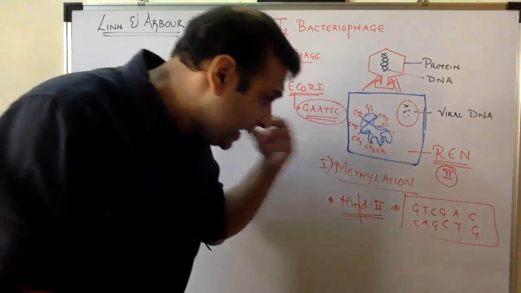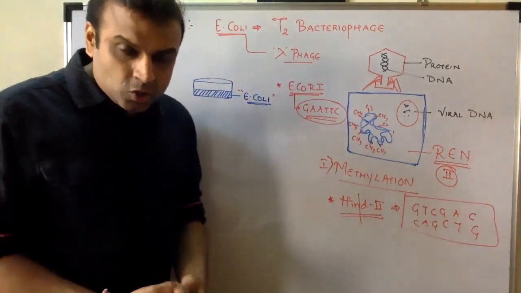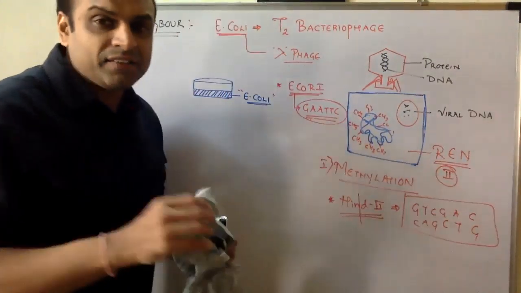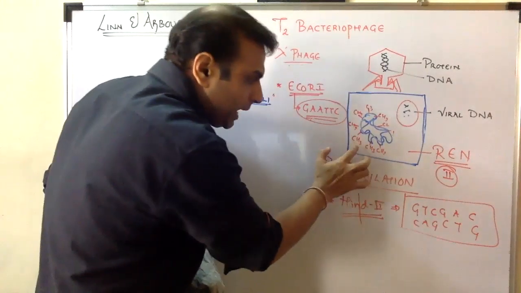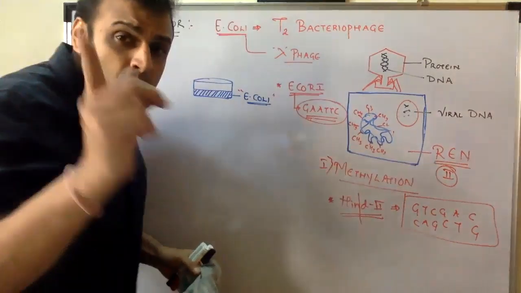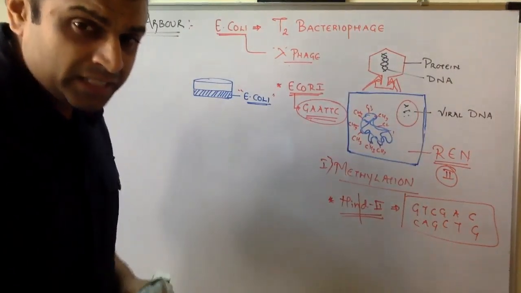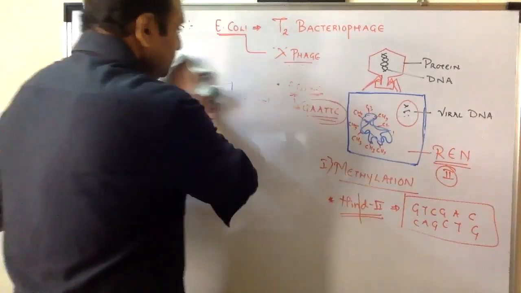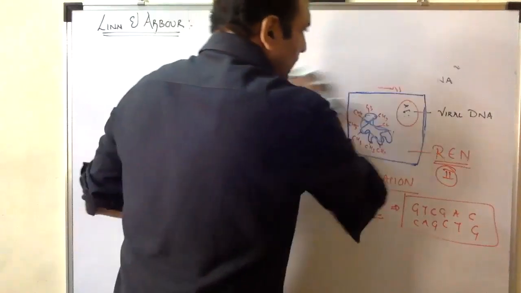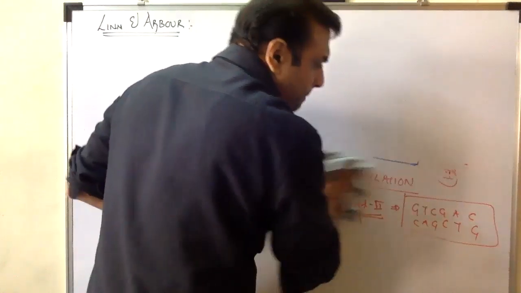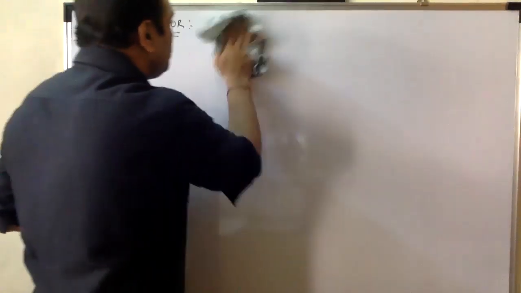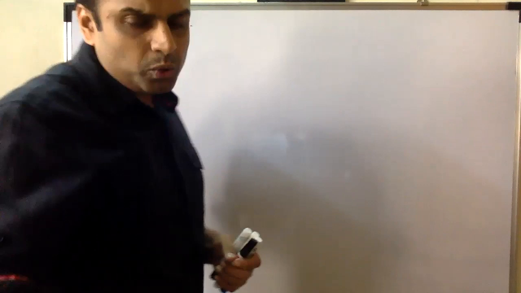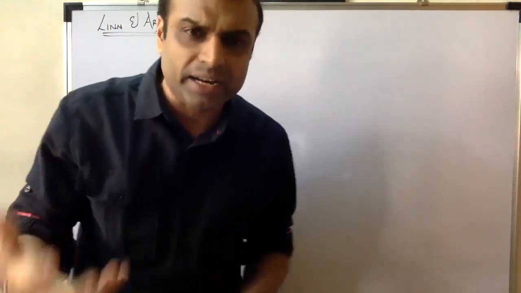So this was an introduction to REN. So when I now say REN, I will be very clear that RENs are synthesized by bacterial cells when they are attacked by viruses. I repeat, RENs are synthesized by bacterial cells. We don't have the ability to produce REN.